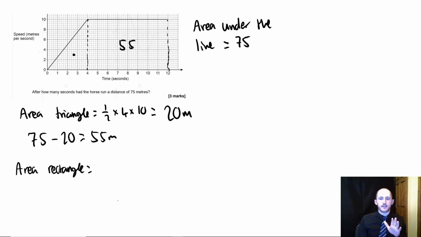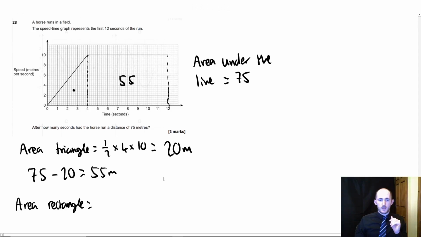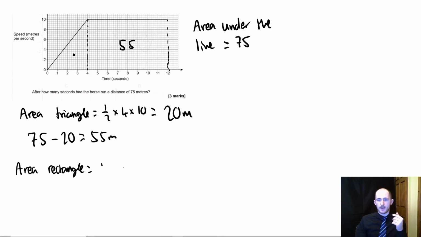Now here's where things can get a bit interesting, okay? You said 9.5? I actually don't know, so I'm going to ignore that for 1 second. I don't know what the base is. I know what the height is because that's not changing. So I'm going to start with the height, 10.